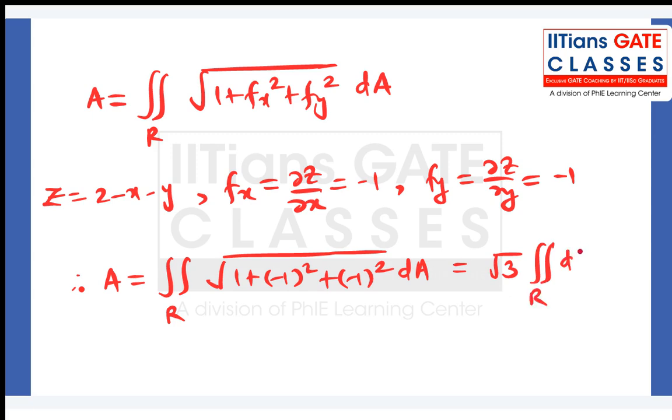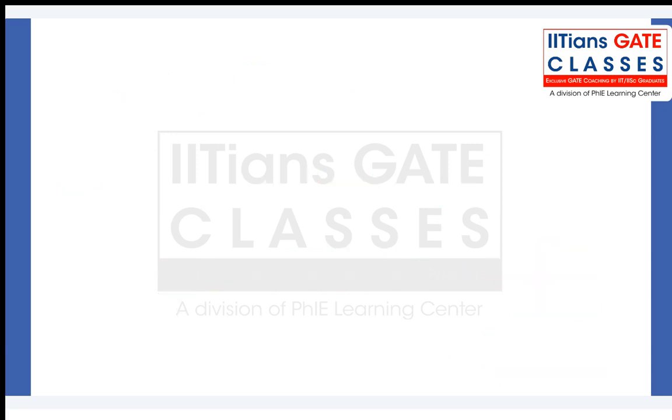Now you see, this dA means nothing but the area of the circle given by x square plus y square equal to 4. So basically a circle centered at origin with radius 2. Therefore the area will be root 3 into pi by 4 d square, or just for the sake of simplicity, you can just write pi r square also.